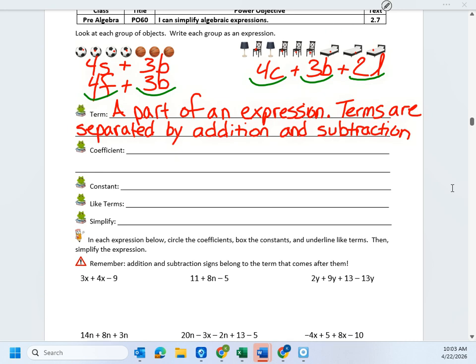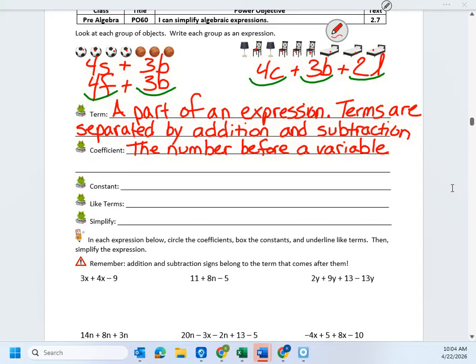The coefficient is the number before a variable. Like when we were talking about dividing by that coefficient of the y, that number that was before the y.